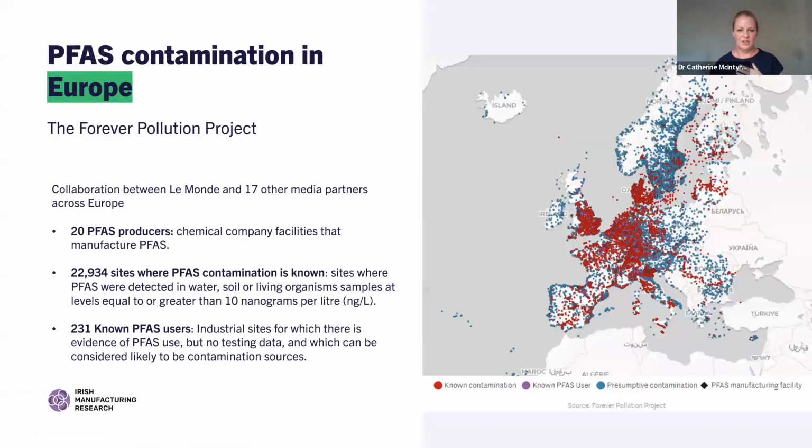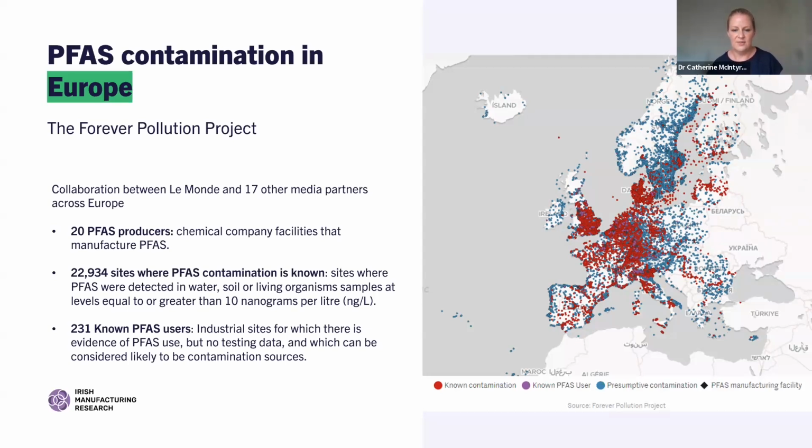So let's look at Europe. Mainland Europe does have a certain amount of monitoring that has taken place. This map is from a project called the Forever Pollution Project. It was actually a journalistic investigation, a collaboration between Le Monde, the Guardian, and other media partners across Europe. They've mapped PFAS producers, sites where contamination is known because there are test results, and known PFAS users.